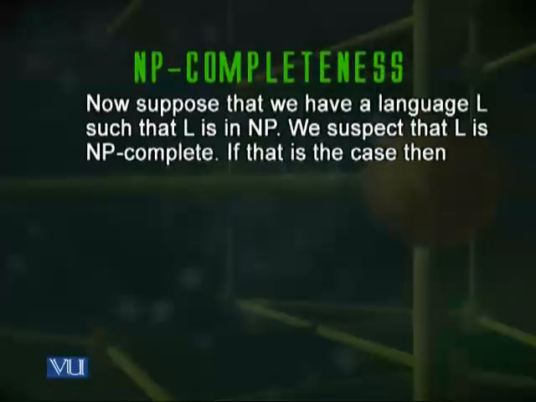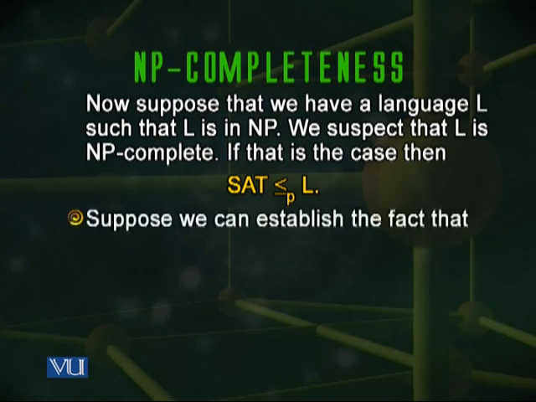Now, suppose that we have a language L such that it is in NP, and we suspect that L is NP-complete. If this is the case, then SAT is going to be polynomial time reducible to L. And suppose we can also establish this fact.